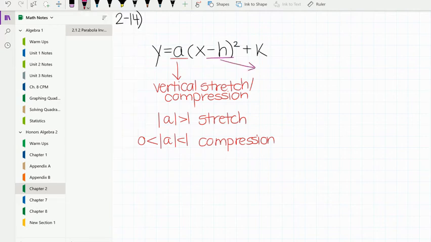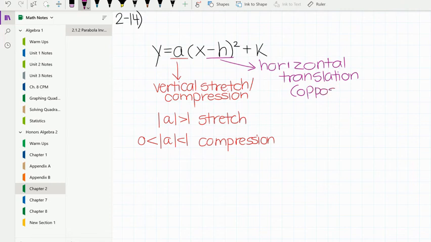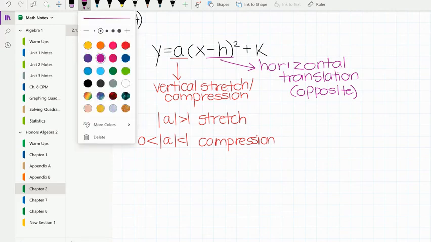Okay, so the other thing we have is our H value. So the H is our horizontal translation. So basically that moves right or left. It always moves in the opposite direction. So for example, if it were to say x plus 3, that would actually move 3 to the left. If it were to say x minus 5, that would be 5 to the right.